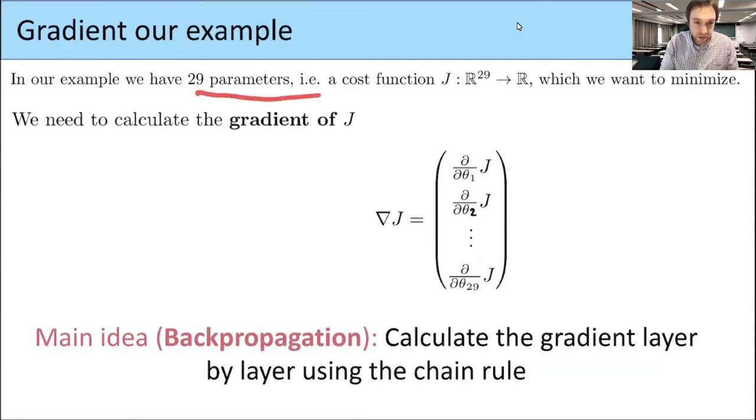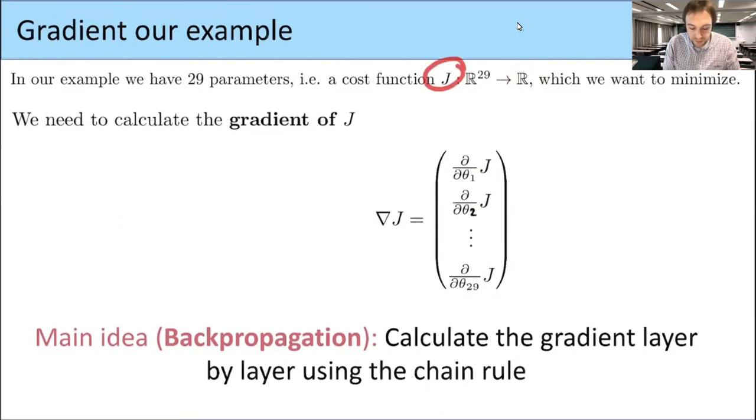But already in our small example with our 4 layers, counting all the possible parameters, so the entries of these matrices W1, W2, and W3, and the entries of the biases B1, B2, and B3, summing everything up, we had in total 29 parameters.